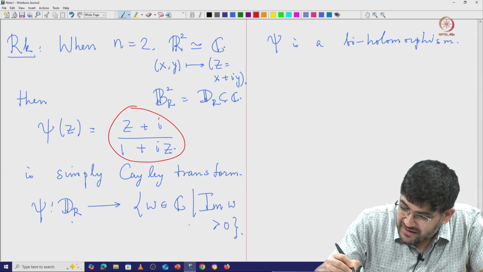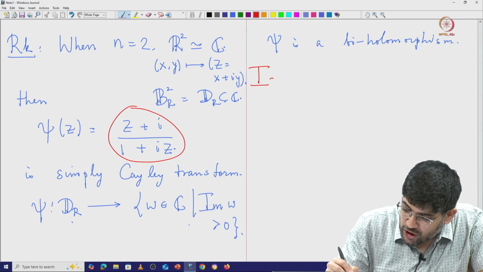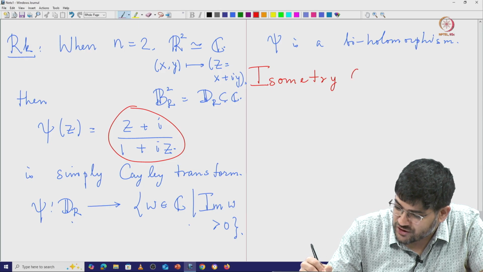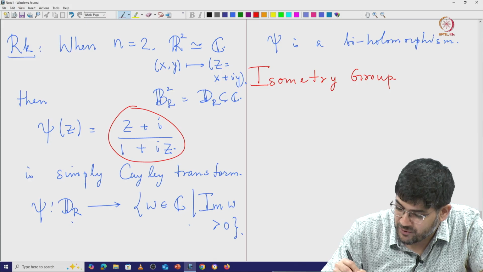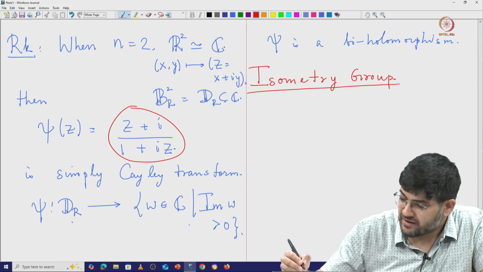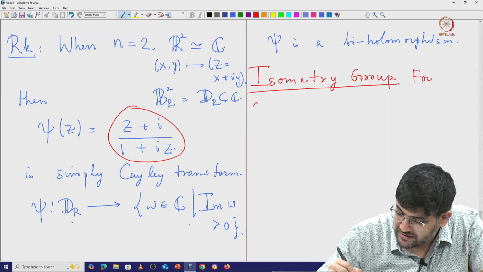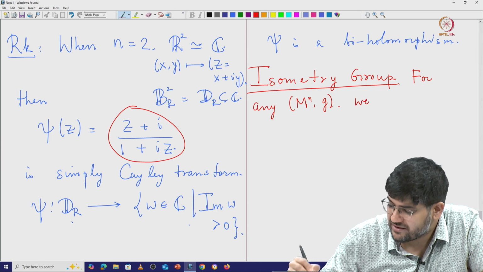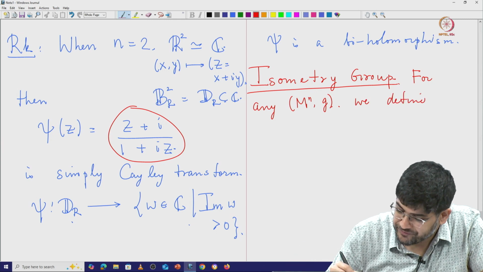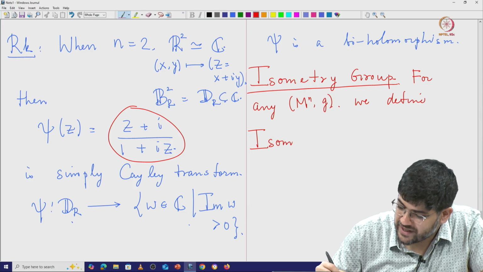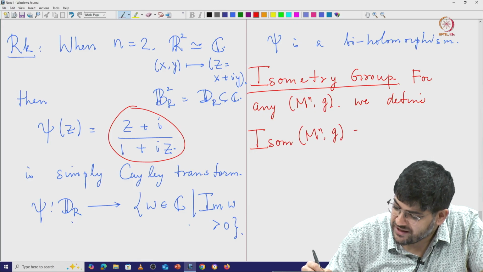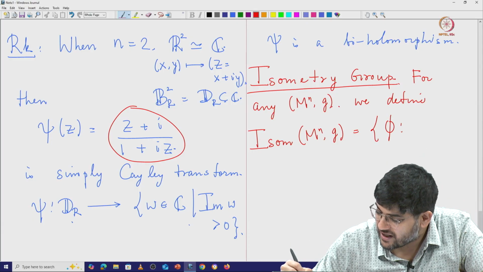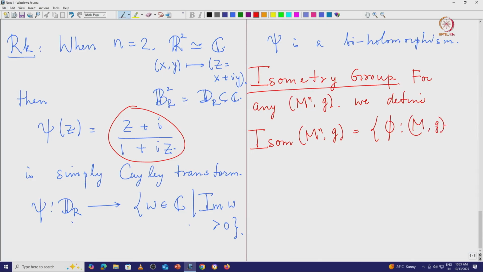Alright, so the next thing I want to talk about are self isometries. So that gives rise to what is called the isometry group, okay. So for any Riemannian manifold (M, g), we define the isometry group of (M, g) to basically be the set of isometries from (M, g) to itself.